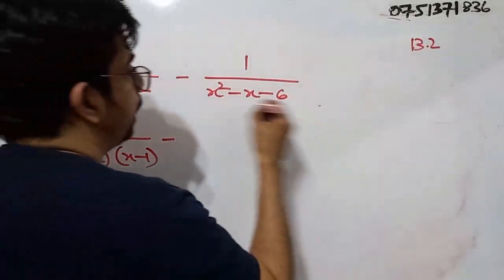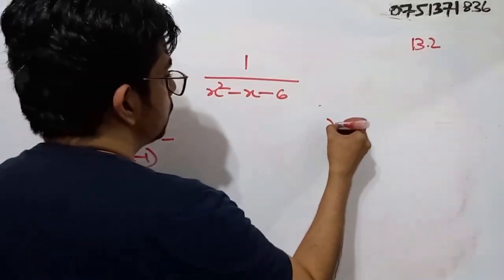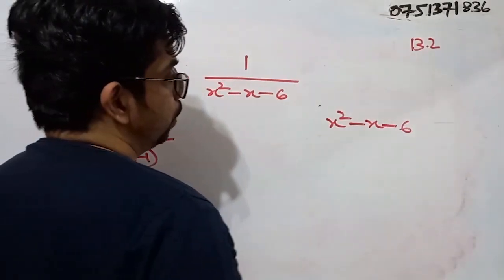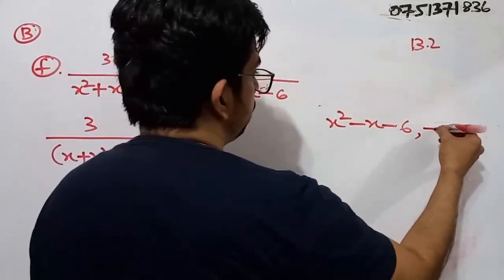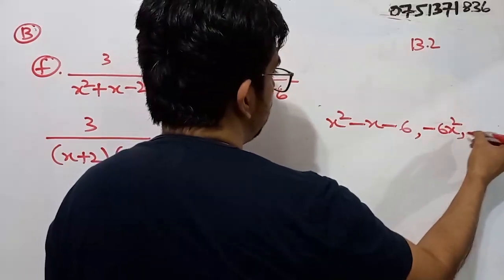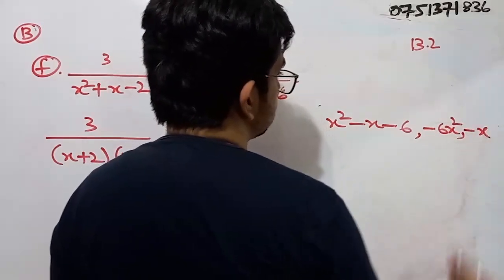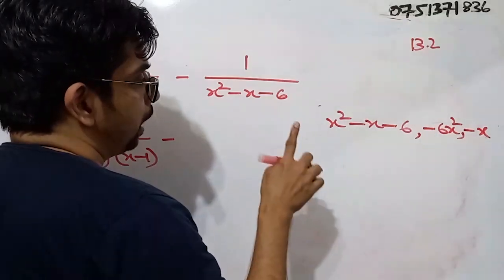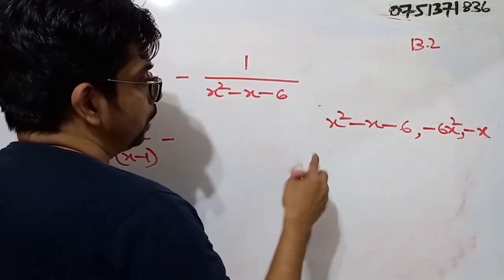Okay, so now we can consider this expression. So x squared minus x minus 6. Okay, so when we multiply the first term and the last term, we get negative 6x squared, and the middle term is negative x, right? That means we have to consider 3 into 2, and the larger factor should be negative 3.